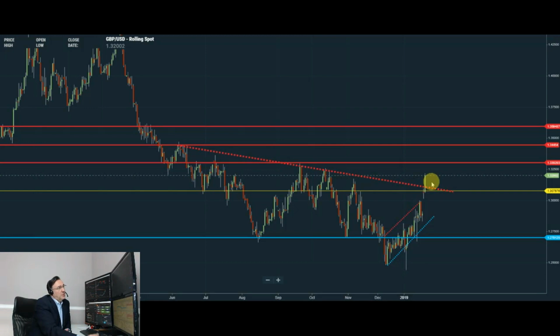Bulls appear to be in control above 1.30 now, potentially pointing to upside resistance towards 1.33, which is signified by the cluster of these previous highs, possibly even 1.3440, 1.36 to the upside.